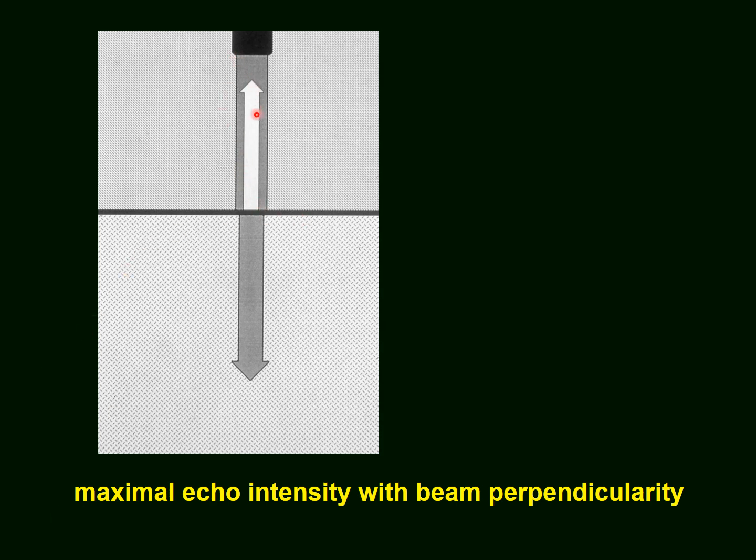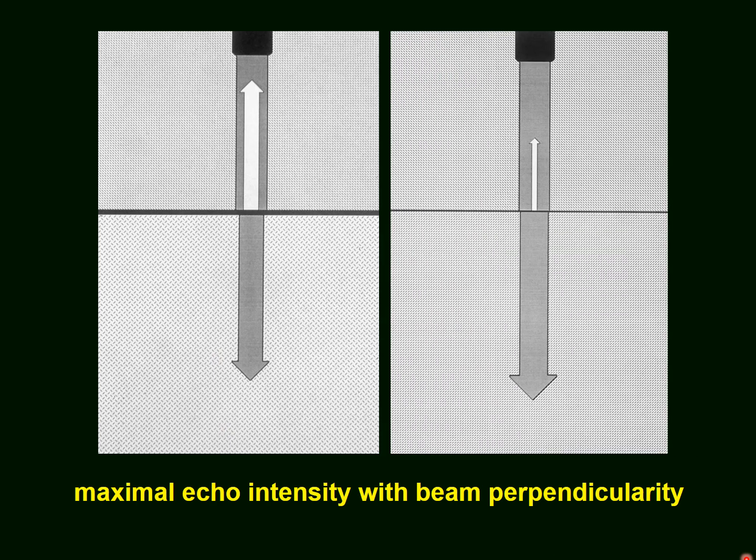Here the beam comes in, perpendicular exposure at this interface, and the reflected portion, the echo, is maximized this way. And it depends on the reflectivity of the interface whether this maximal echo intensity is large or small.